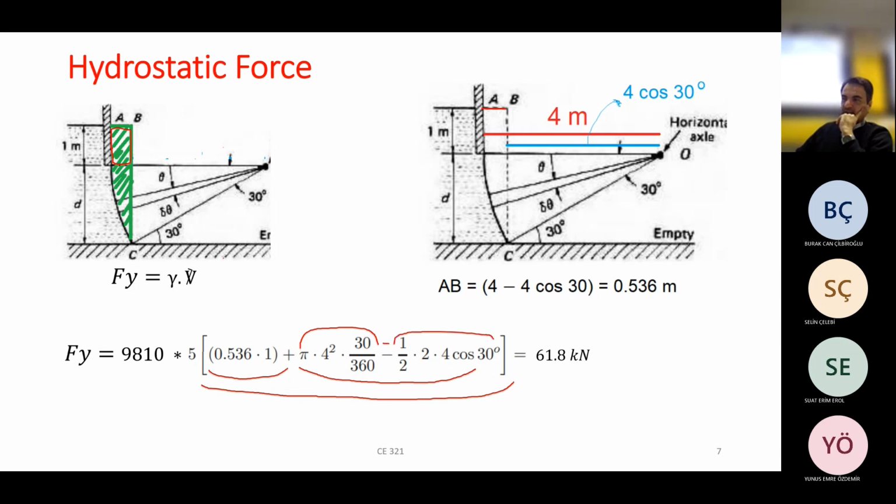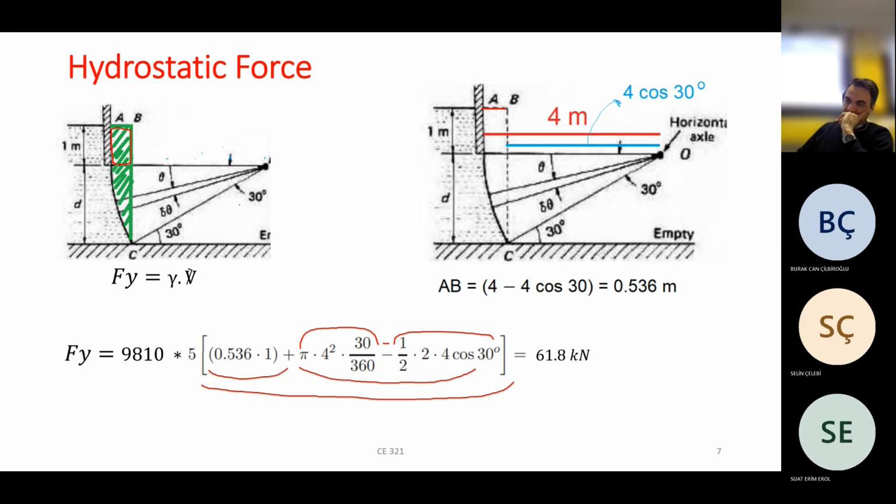What is the bigger area here? Pi R squared divided by the ratio of this angle to the 360. This gives you this entire area.